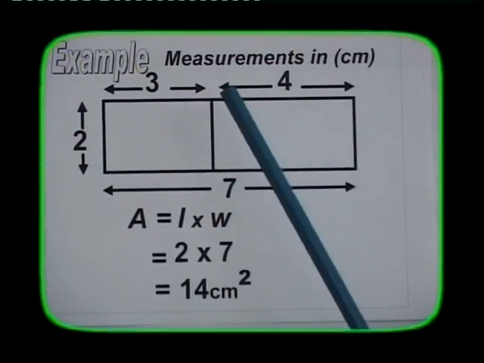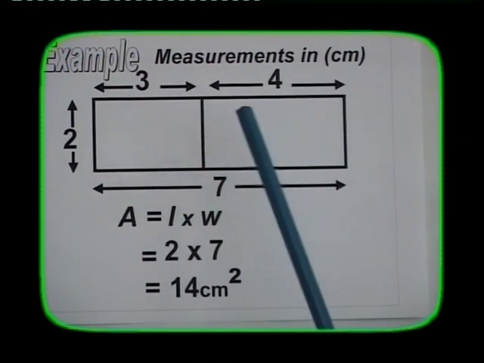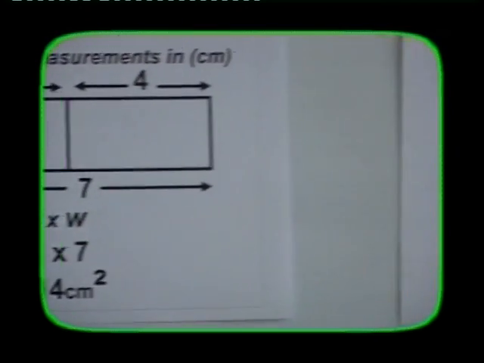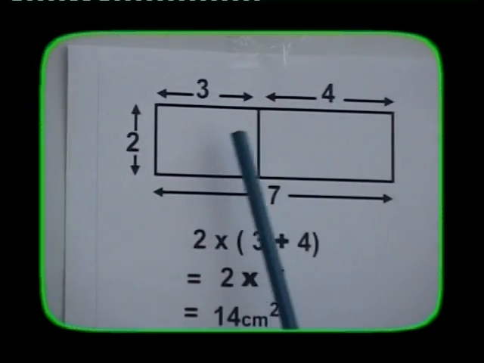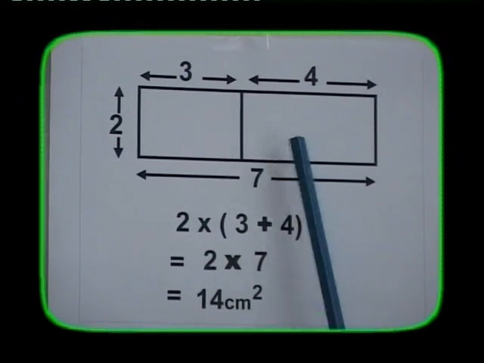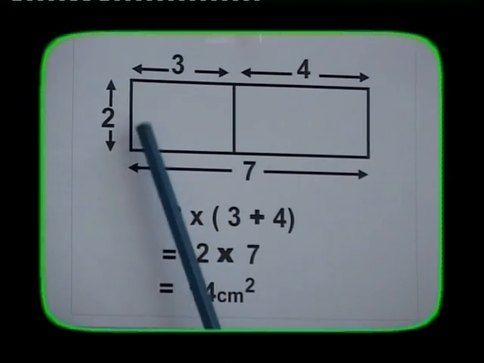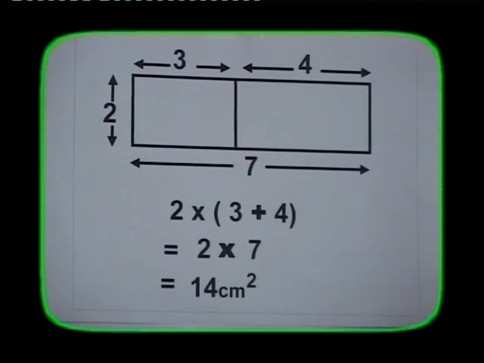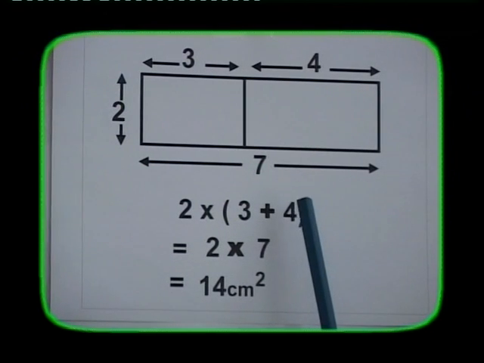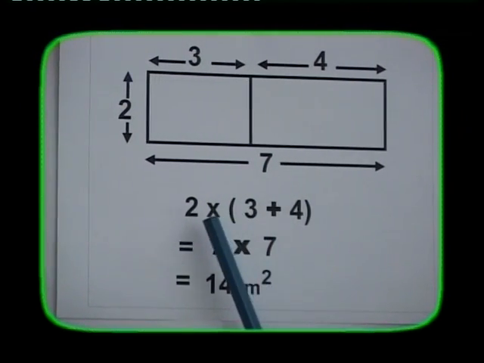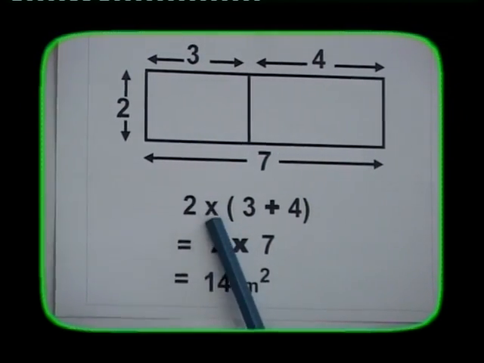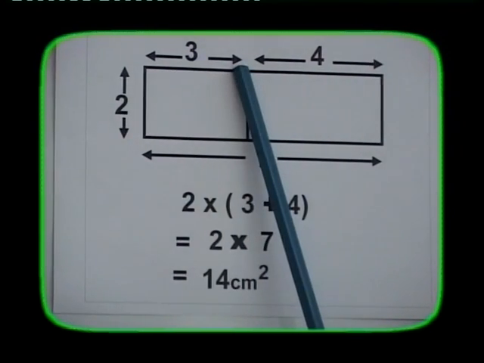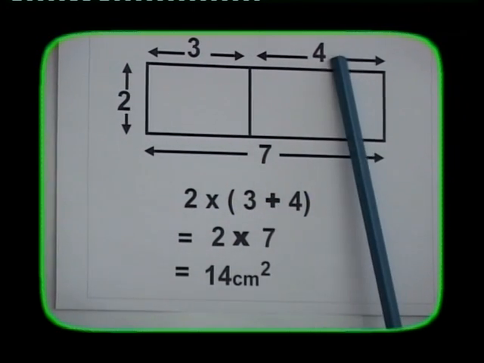Now we will move on to how it can be placed in brackets and how we can expand it. Looking at the shape, it's the same old shape. Now 2 is common for the two measurements that are up here. So looking at how it can be expanded out from the bracket, we have 2 times bracket 3 plus 4.